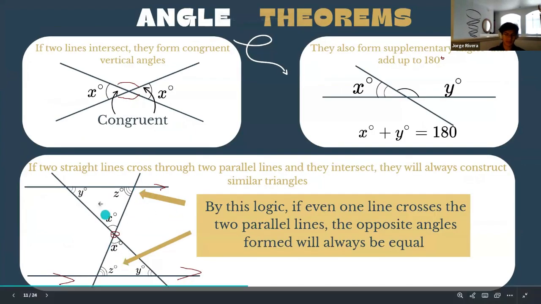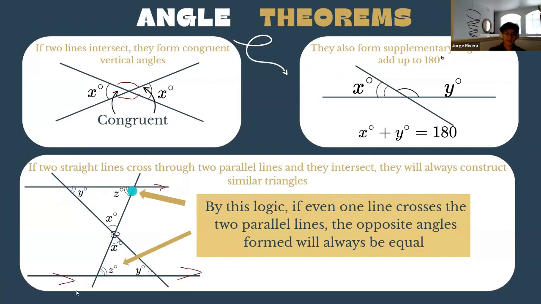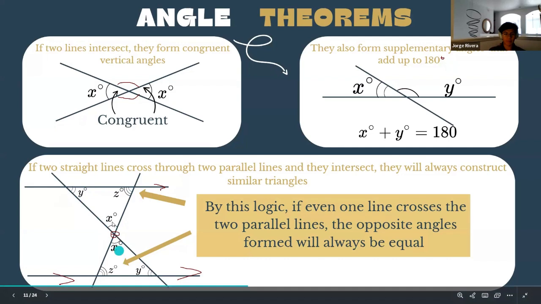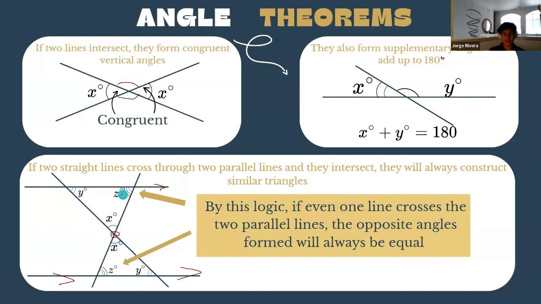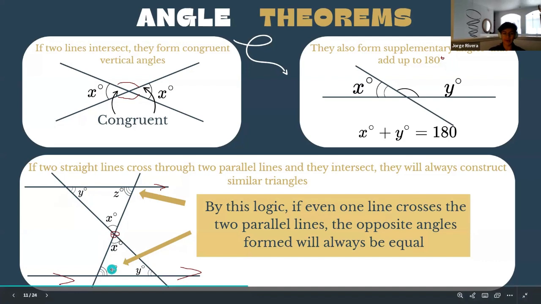So for example, in the triangles that this forms, this one has a y angle, and this one also has a y angle. This one has an x angle, and this one also has an x angle. And this one has a z angle, and this one also has a z angle. But the sides that it makes are not the same length.